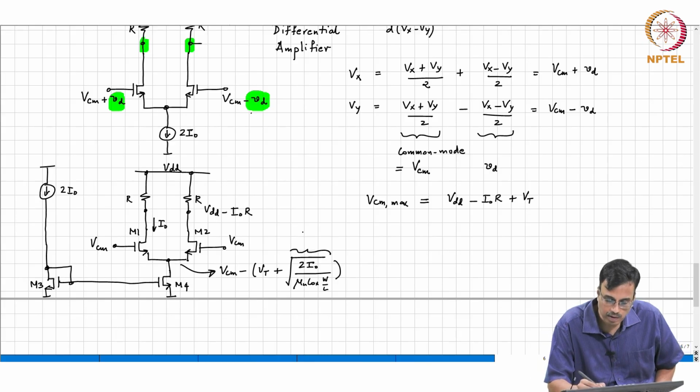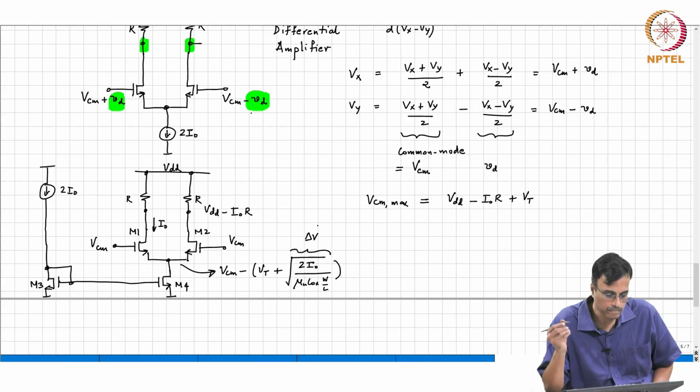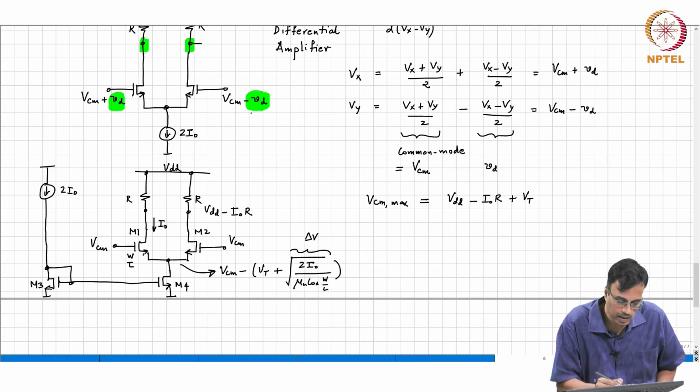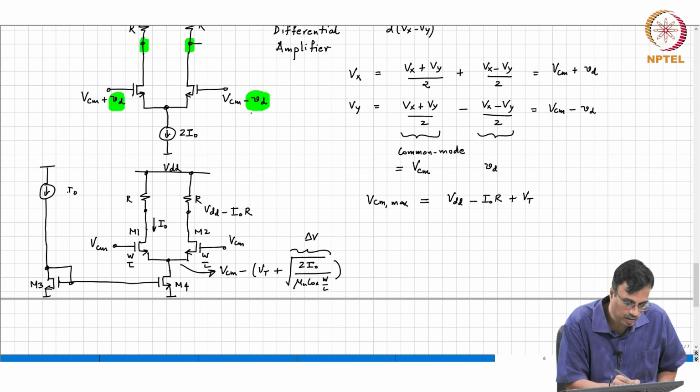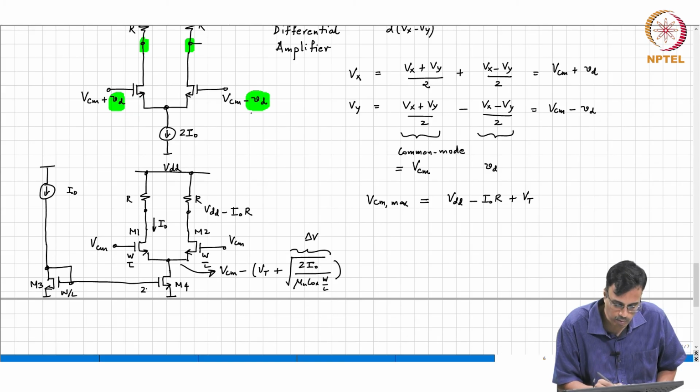This I will call delta V, let me call this W by L, W by L, I will call this W by L, this is 2 W by L.